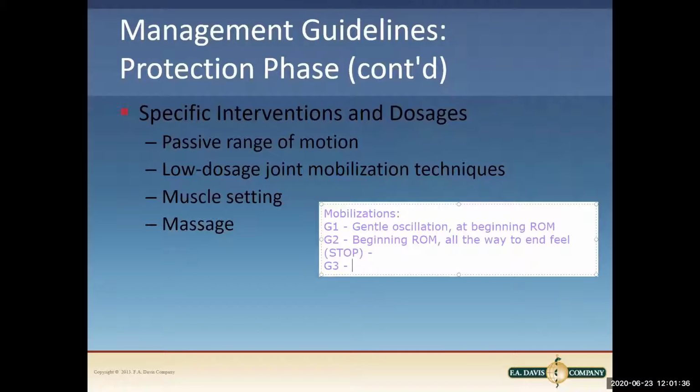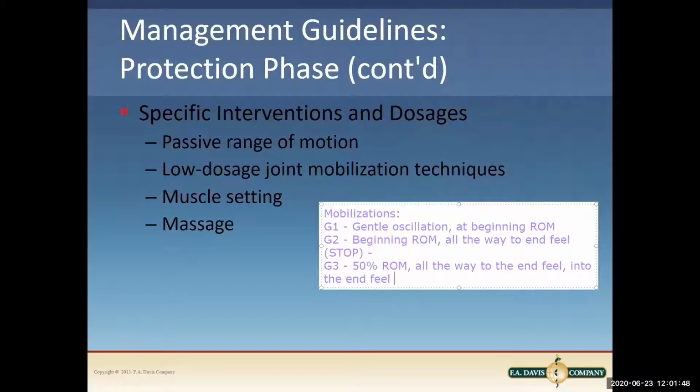Grade 3 is going to start at about 50% of the way into the range of motion, go all the way to the end feel, and go into the end feel. So it's almost a stretch. Again, we're dealing with joints, we're not stretching joints, right? So it's almost like a stretch. And then grade 4s, we're going to go all the way to the end feel, and we're going to oscillate again.